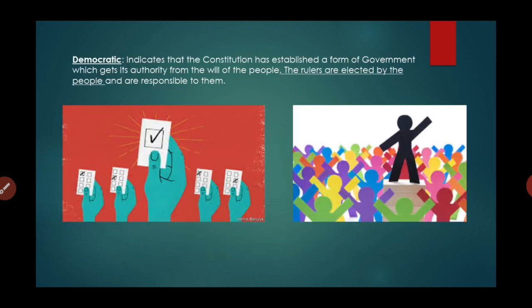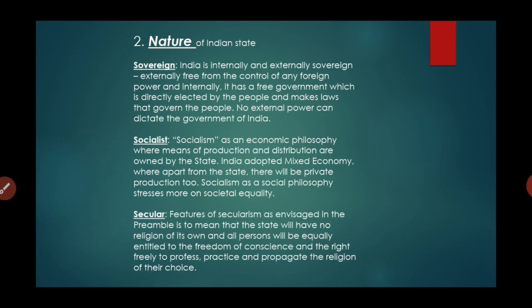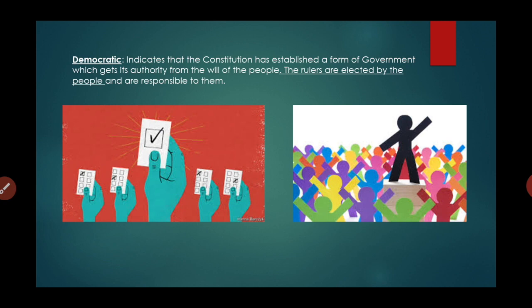Now, in clear terms, the line I used over this side, it means that the state will have no religion of its own. This is the exact definition of secular from the Indian perspective.